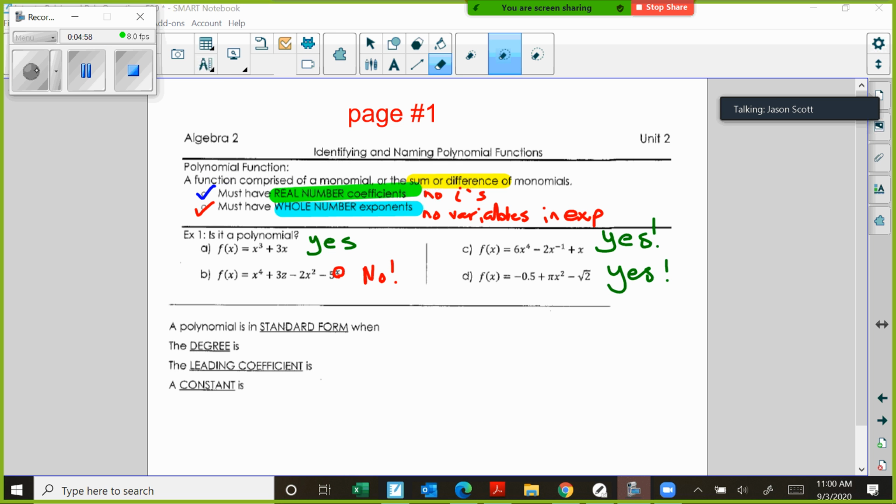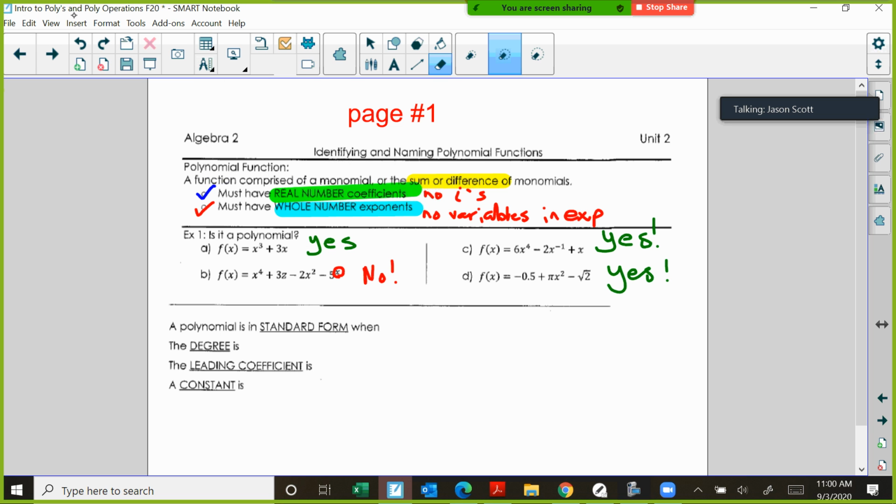All right. So let's move on. We're going to vocab these. We're going to just define these and see what these things are down here at the bottom. So a polynomial in standard form is when the terms decrease by exponent.